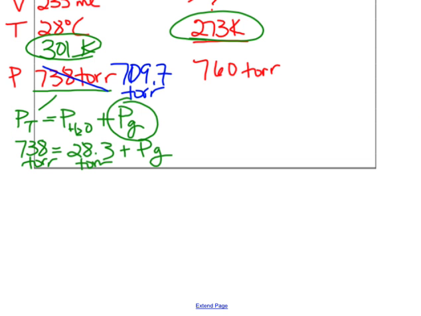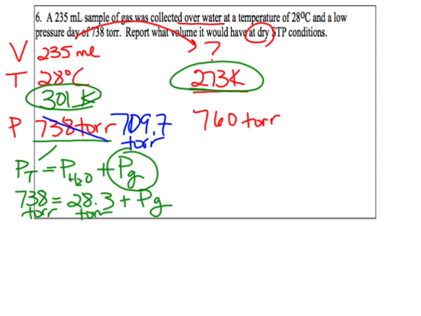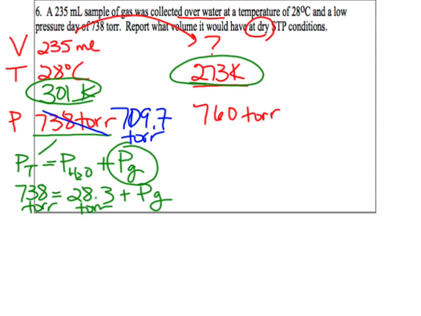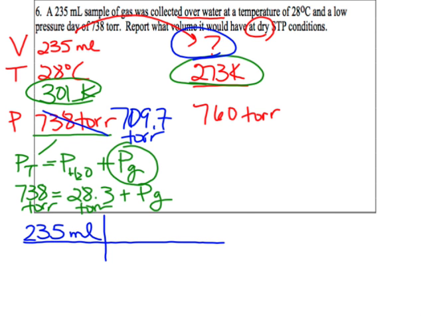Now I can't get my sidebar back down. Here it is. So looking at this, we are solving for volume, so we're going to start with volume: 235 mL. Which condition do you want to deal with first, temperature or pressure?